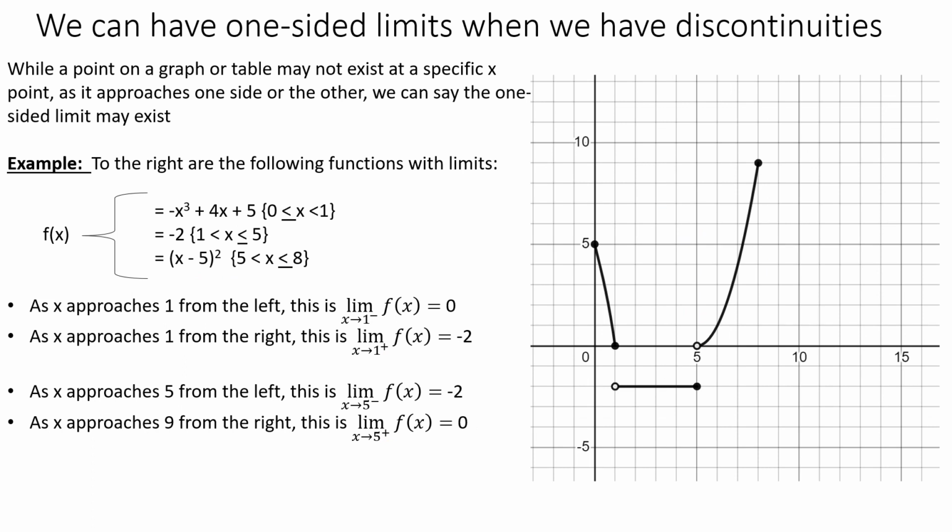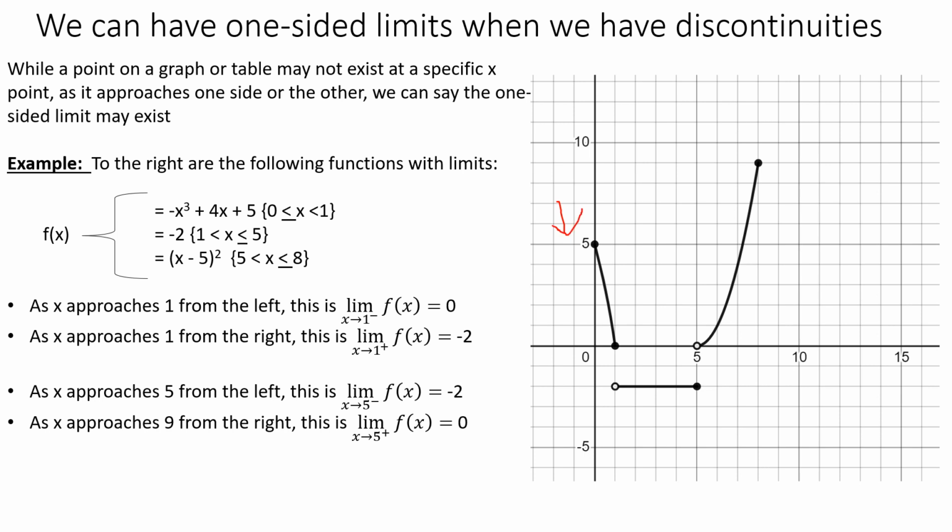One more here. What I have here is another set of three equations. Negative x cubed plus 4x plus 5 for 0 less than or equal to x less than or equal to 1. That's this little part right here.